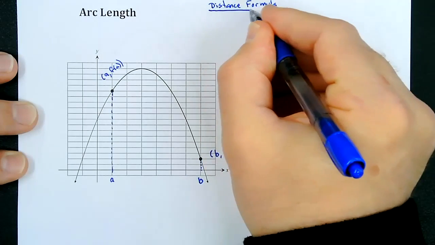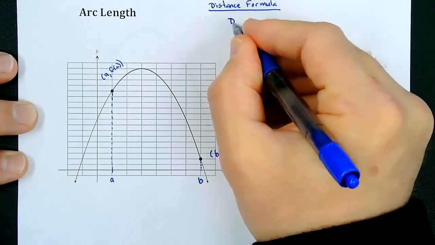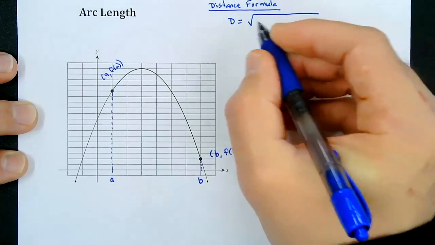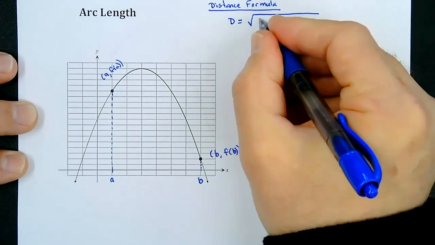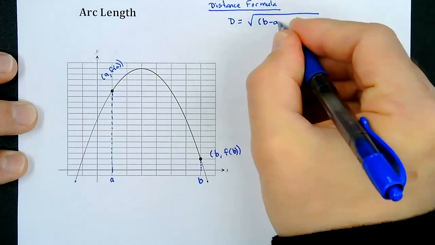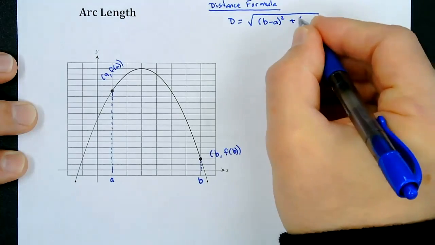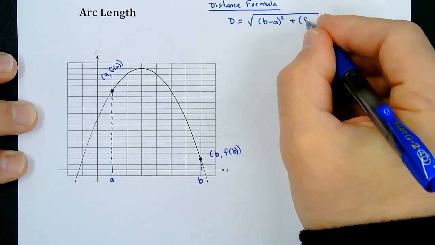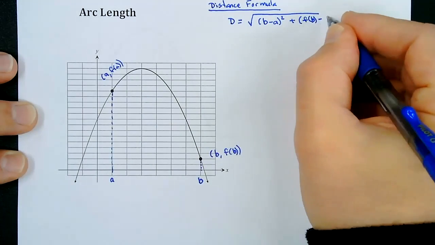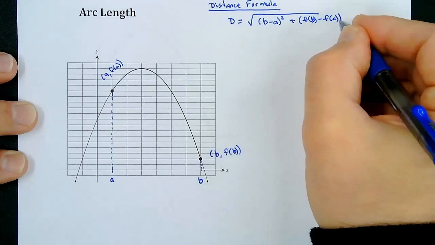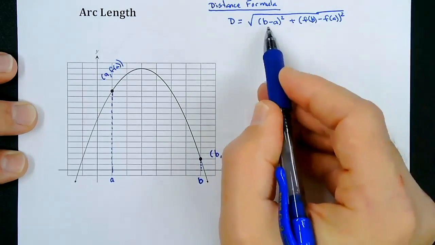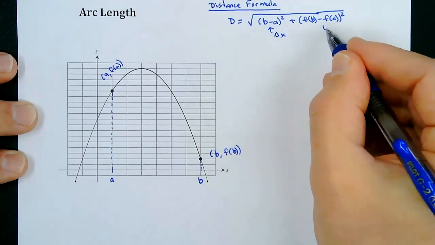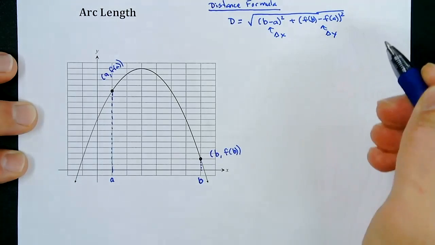The distance formula, which we usually call big D, is the square root of (B minus A) squared plus (f(B) minus f(A)) squared. This is really our delta x, our change in x, and this is our delta y, our change in y.